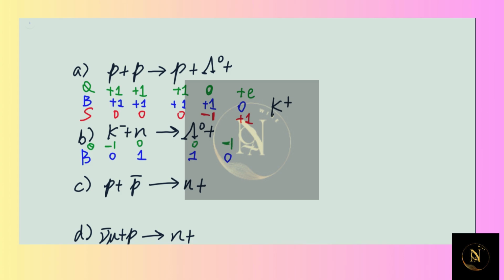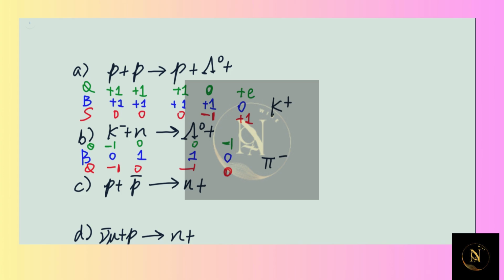And then let's look at the strangeness. The strangeness for kappa minus is -1, 0, -1, strangeness is 0. So baryon number 0, strangeness 0, charge -e, and then this particle has to be -pion.